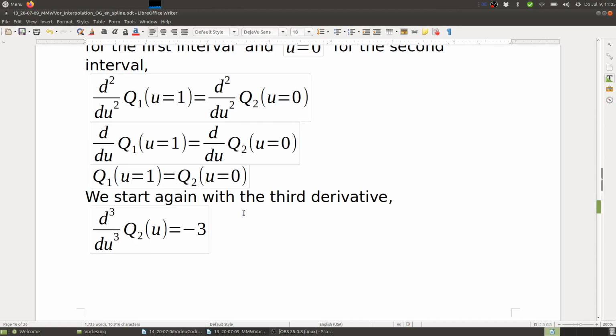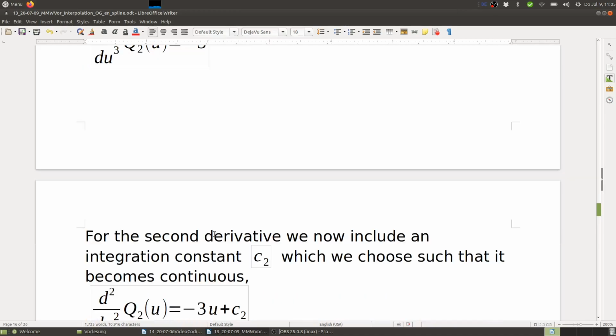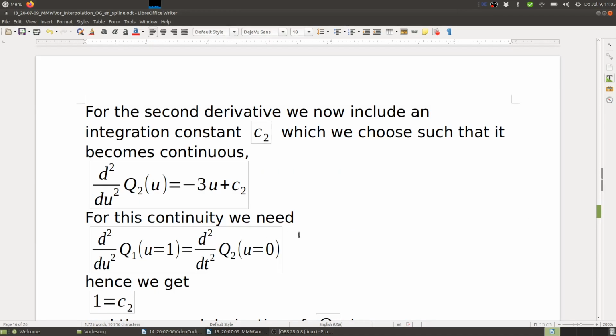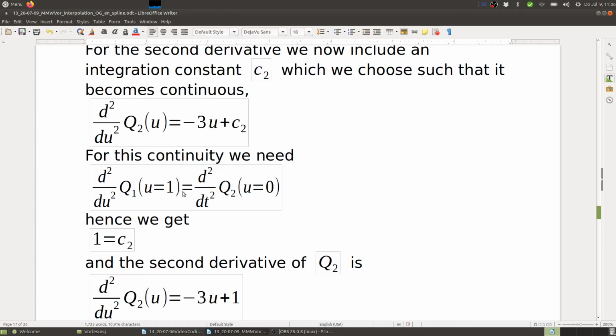So we start again with the third derivative. So here q2, third derivative was minus 3, as we saw in the beginning. And now we can apply the integration to obtain the second derivative. But now we need to include an integration constant c2 to obtain the continuity of the second derivative. So here c2. And now we need to do the checking across the boundary. On the left hand side we have the second derivative of the first interval, and that was 1 for u equals 1.